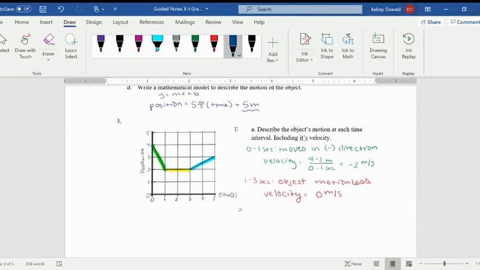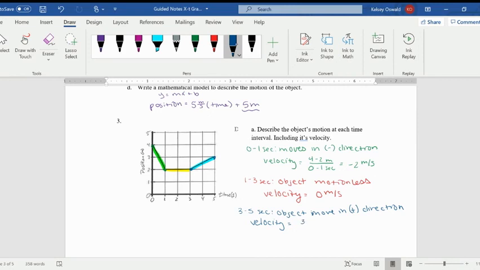So then we can look at our last segment of 3 to 5 seconds. Here we have a positive slope, so we know our object is going to move in the positive direction. Okay. And we want to find the rate at which its position is changing. So we're going to find its velocity or our slope. And remember, when we find our slope, we're going to pick 2 points and find the difference in our y's and divide that by the difference in our x's.